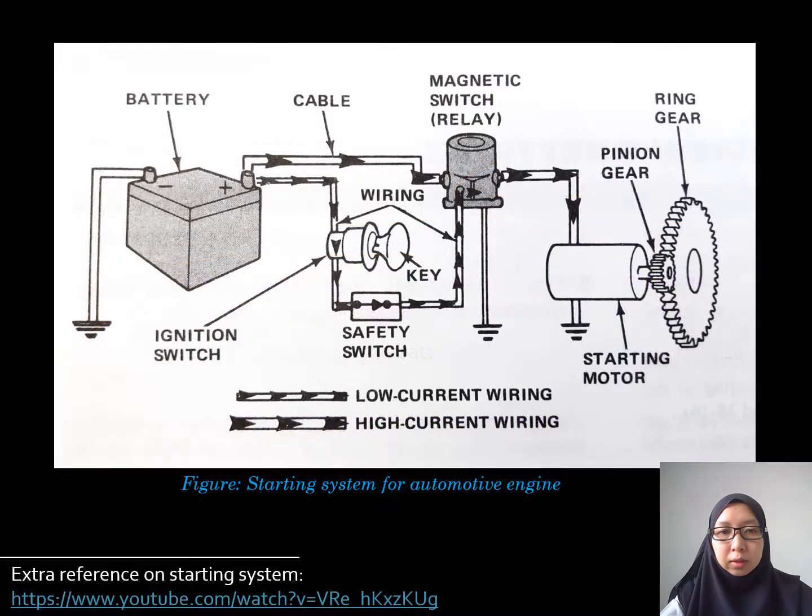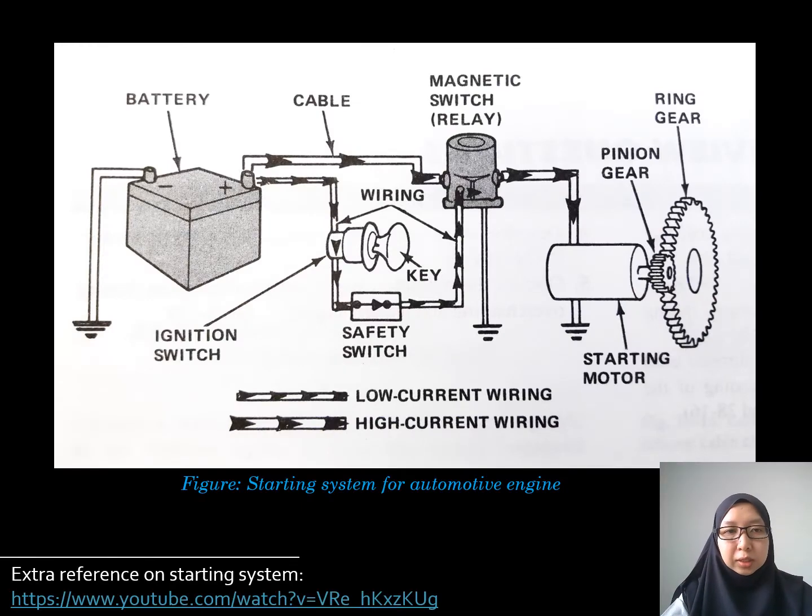So this is what I've explained just now. You have the battery over here, and then this is where the ignition key is. When you close the circuit by turning the ignition key, you will see the one with high current wiring sends electric current to the magnetic relay, and then it goes to the pinion gear.